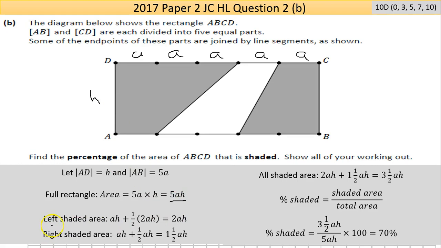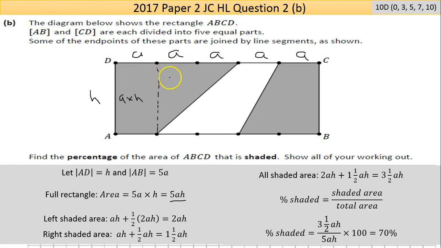Now we're looking at finding the area of the shaded region. If you look at it here, if I draw a dotted line, that particular smaller rectangle has an area of A times H. This second part of that shaded region is a triangle. It's a right angle triangle, so half base times height will work.